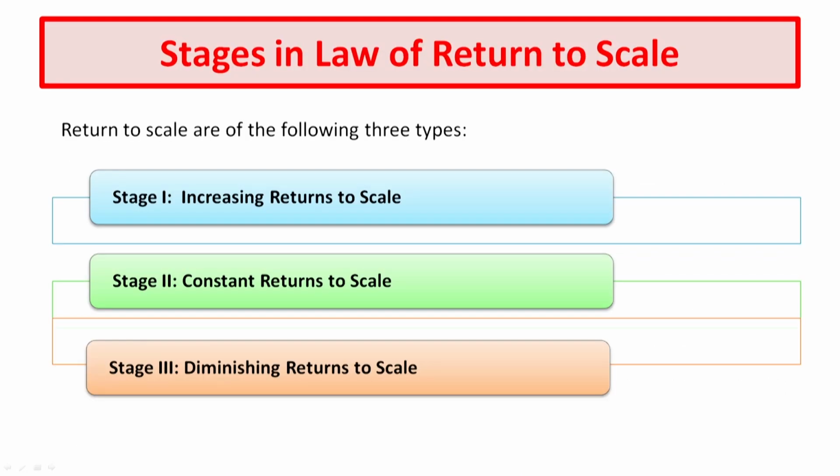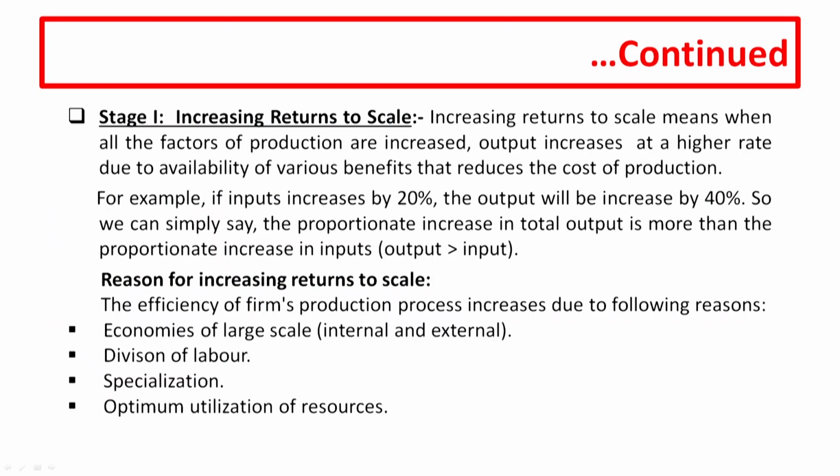Basically, this law also has three stages. The first is increasing returns to scale, the second is constant returns to scale, and the third is diminishing returns to scale. The first one is increasing returns to scale. Why is this stage increasing? Because at this stage your output is increasing at a greater speed in comparison to the input for producing those goods and services.